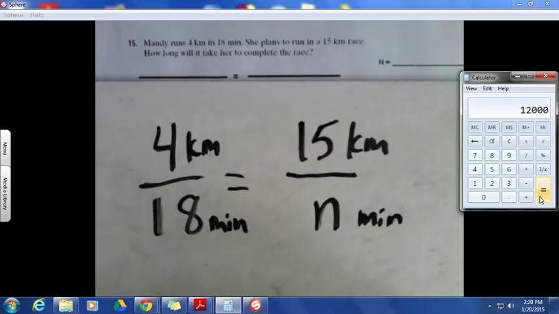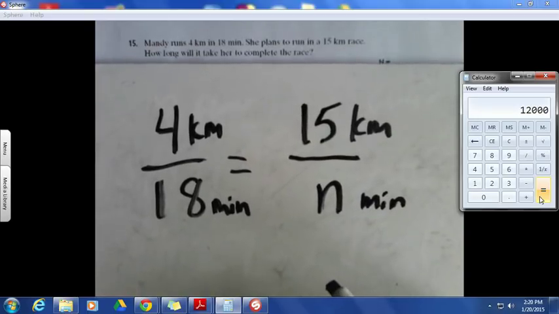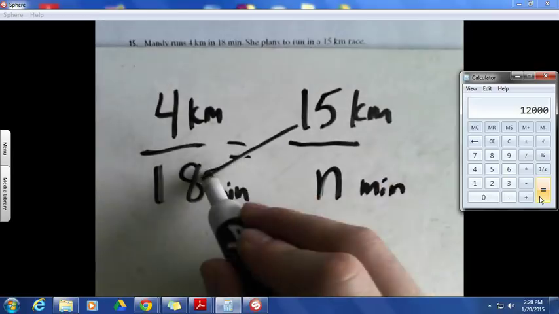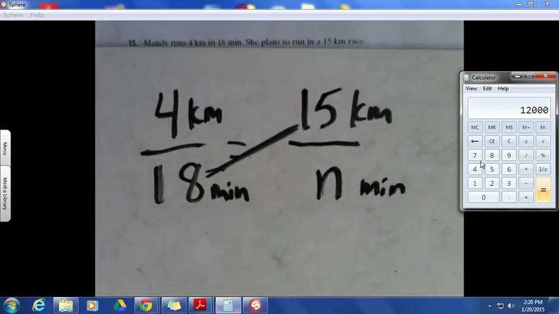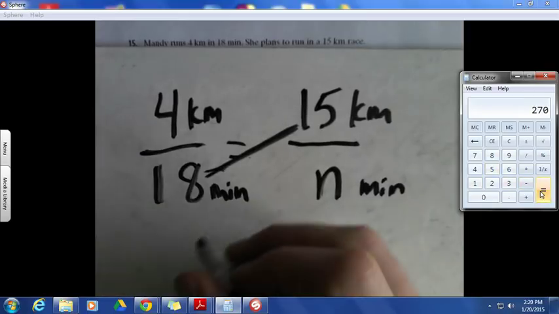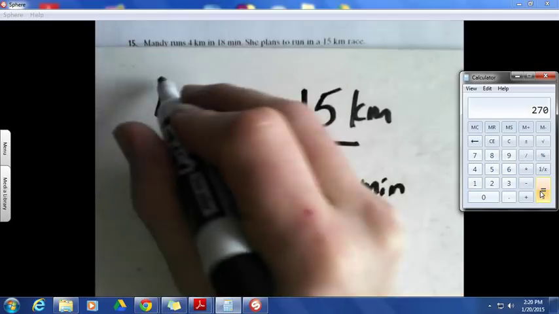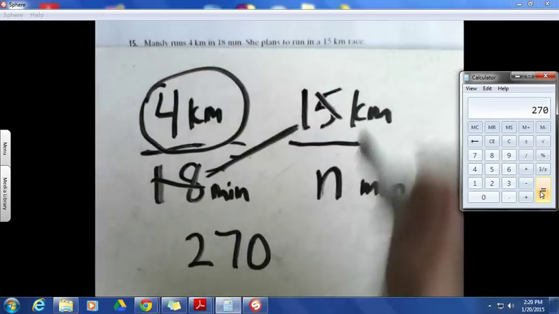Okay? So let's use our cross products rule. So we're going to find our diagonal here. 18 and 15 are my diagonals. So I'm going to multiply 18 times 15. That equals 270. Now I'm going to divide by my leftover. This is gone, this is gone.